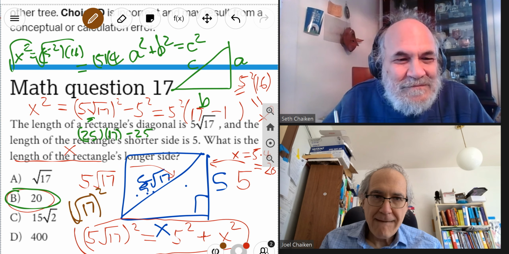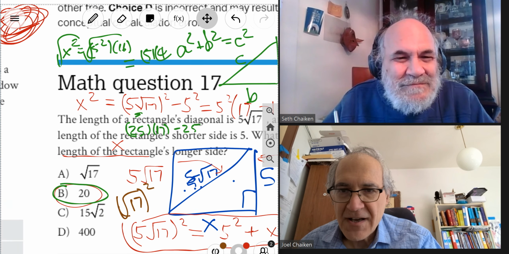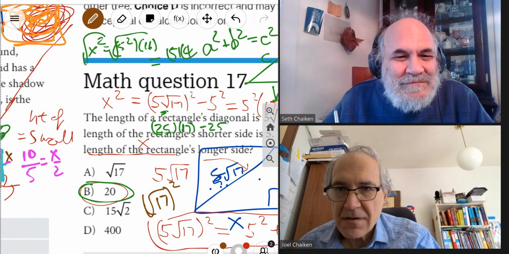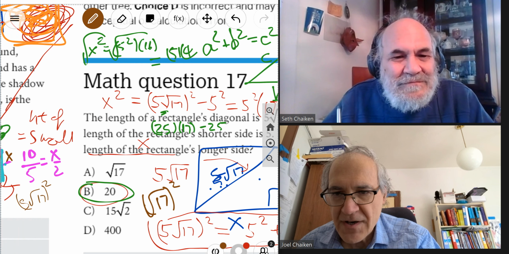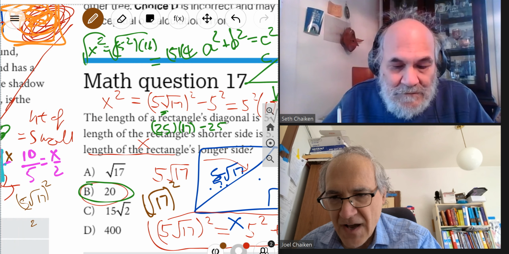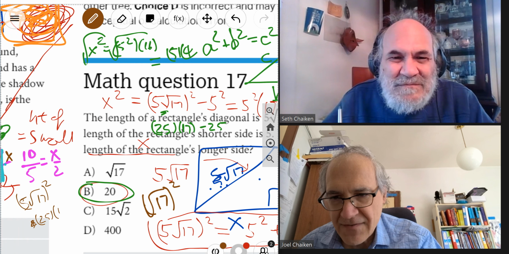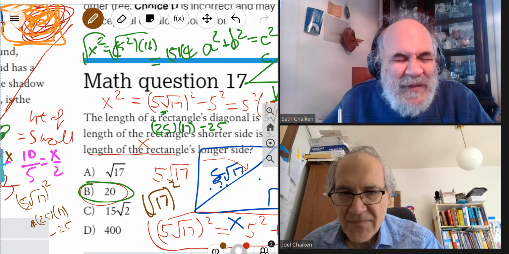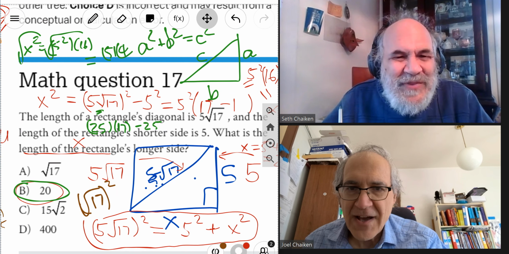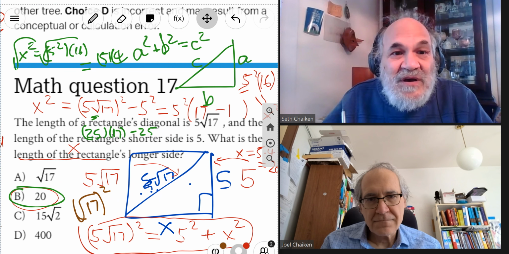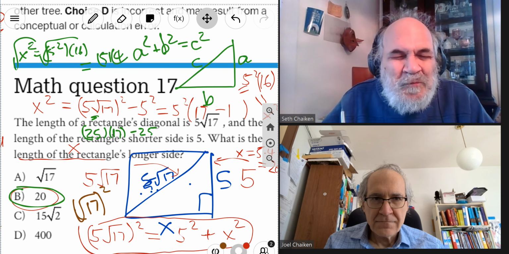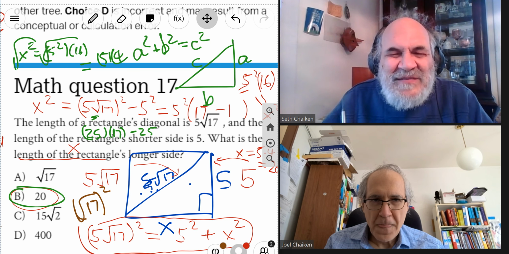Without the calculator, you would see this is 5 squared, which is 25 times 17, then minus 25. But Seth did it very cleverly by factoring. So what I did was I avoided the arithmetic until the end, and so I was able to simplify things.